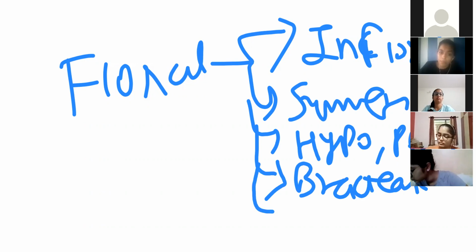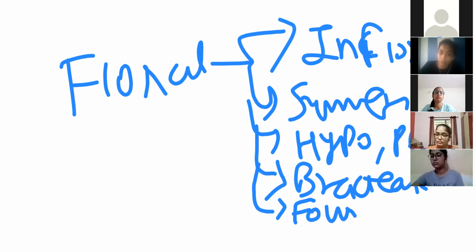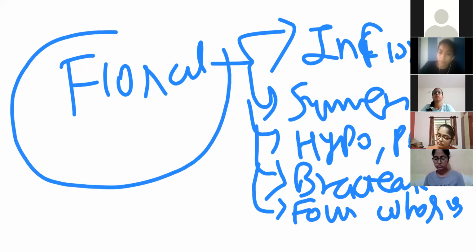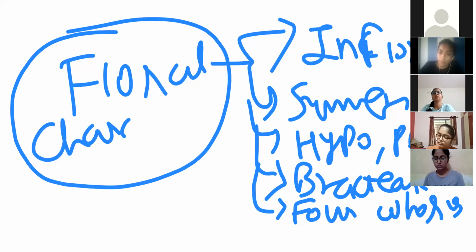Then in calyx, we have to describe all four whorls of a flower: calyx, corolla, androecium, and gynoecium. All this, and then fruit, seed, all this comes under floral characters, right?